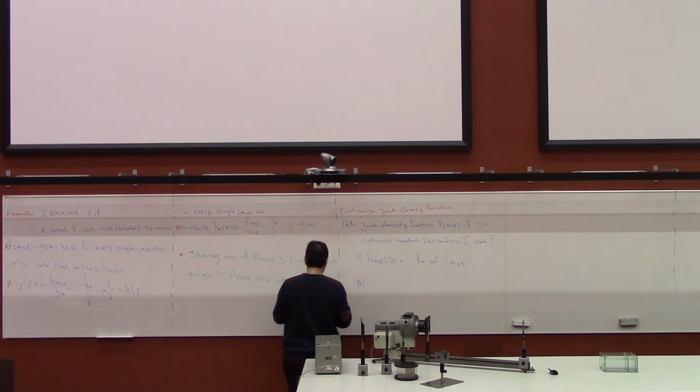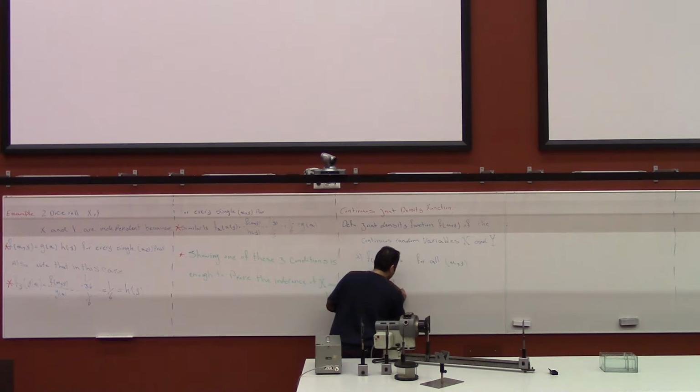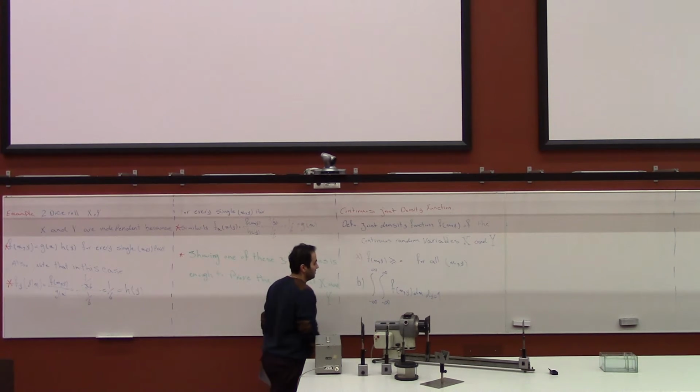Second property is the double integral from minus infinity to infinity of f(x, y) dx dy is equal to 1.